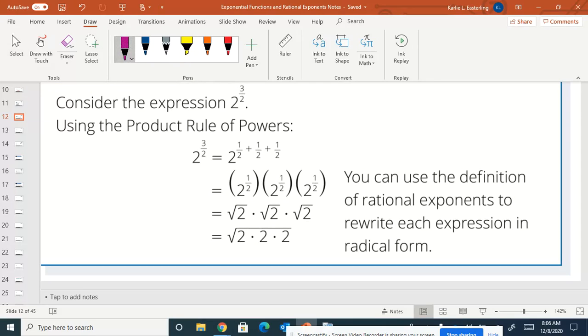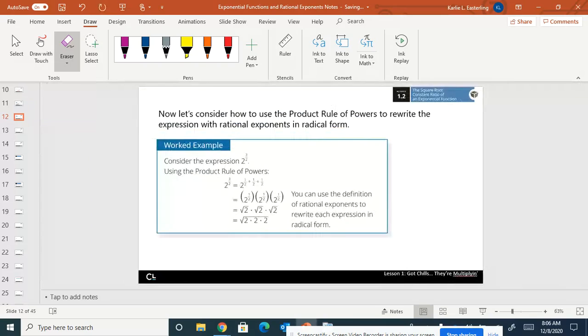They separated that fraction out into 3 1/2s, because if you were to add 1/2 plus 1/2 plus 1/2, you would get 3/2. Then they wrote the square root 3 times under that radical form, and you should keep simplifying to get to square root of 2 here because you recognize you can pull 2 of those out.